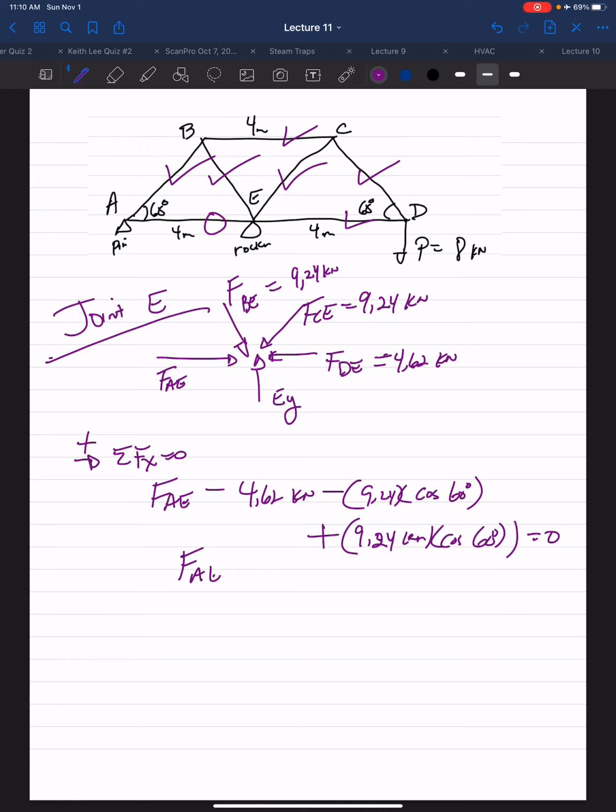Solve for FAE. You get FAE equals 4.62 kilonewtons in compression.